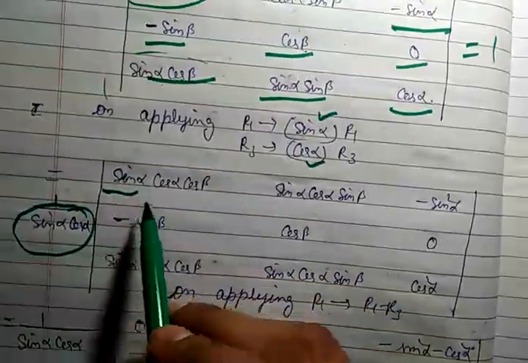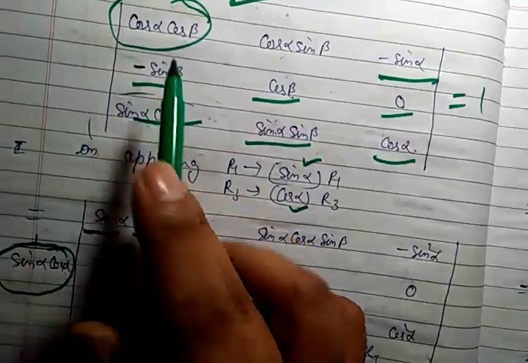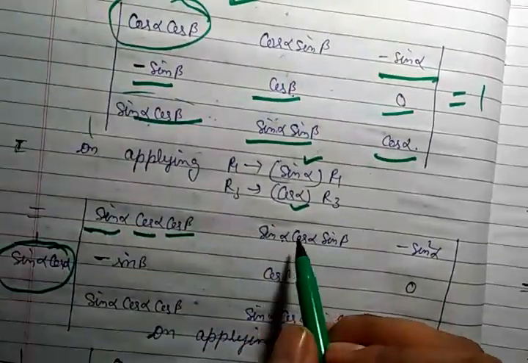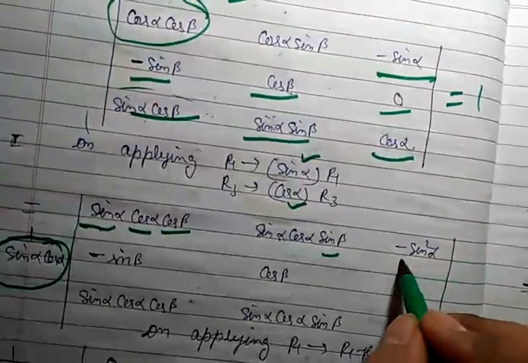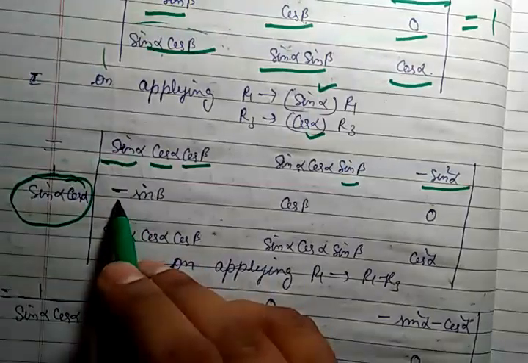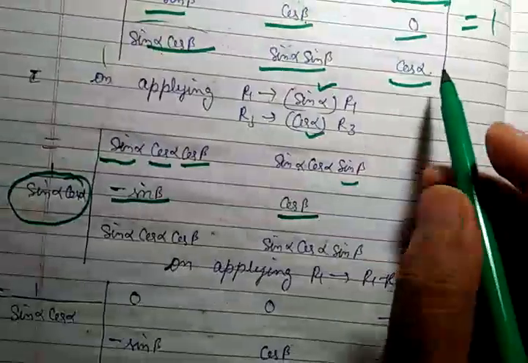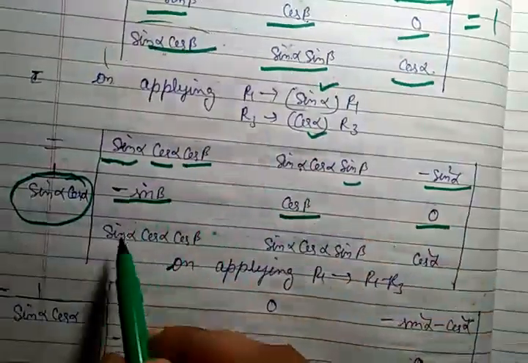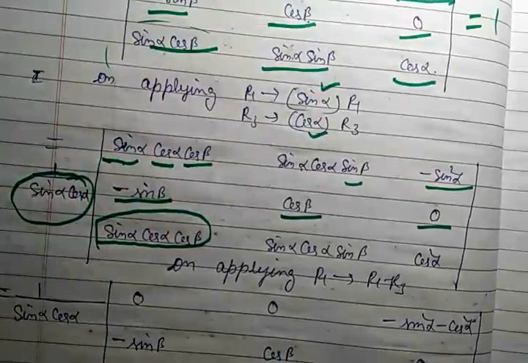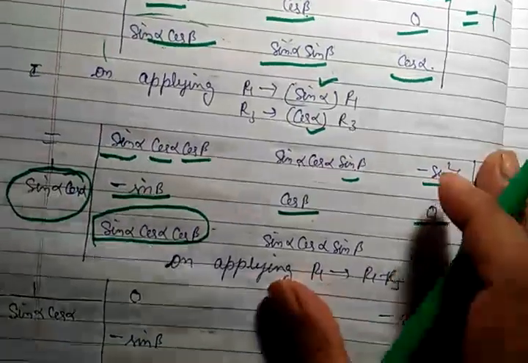So you will get here 1 upon sin alpha cos alpha, and because we are going to multiply here with sin alpha, we will get sin alpha cos alpha cos beta, and here we will get sin alpha cos alpha sin beta, and here we will get minus sin square alpha. There is no change in R2, so it will be as it is, minus sin beta, cos beta and 0. But in R3 we are going to multiply with cos alpha, so doing the same, we multiply this by cos alpha, so it will be sin alpha cos beta, sin alpha sin beta and cos square alpha.